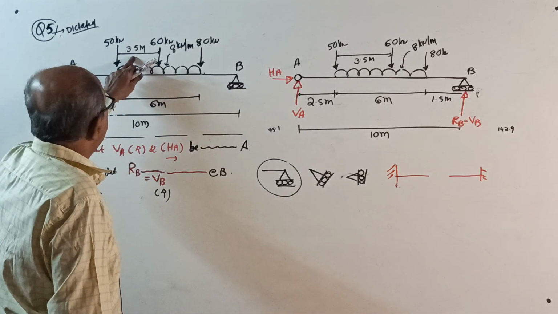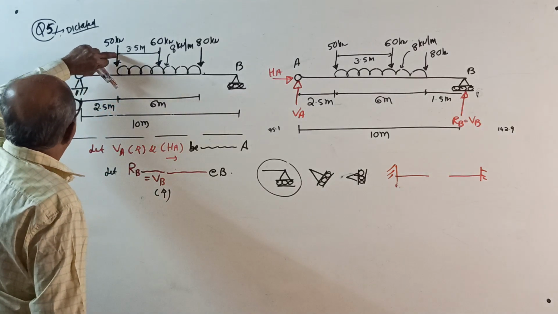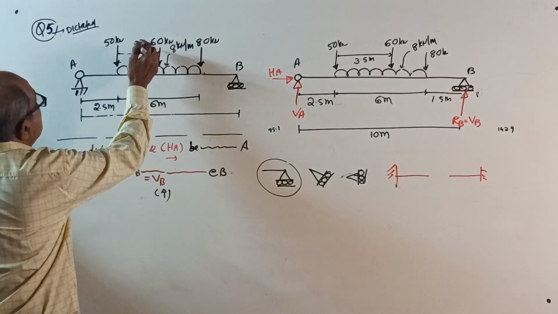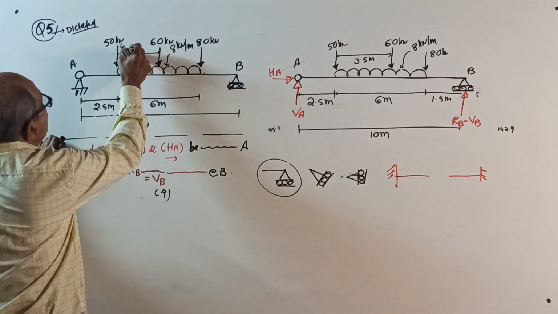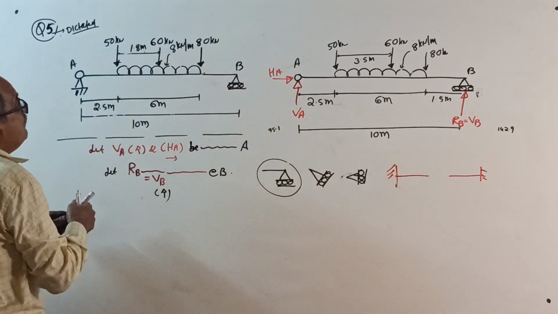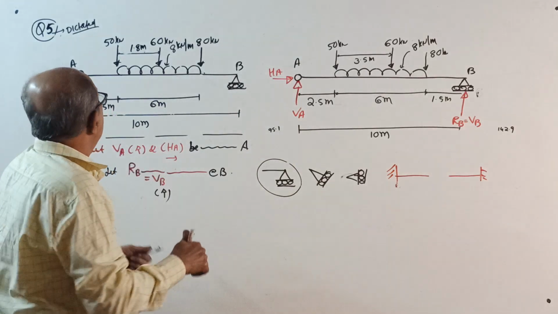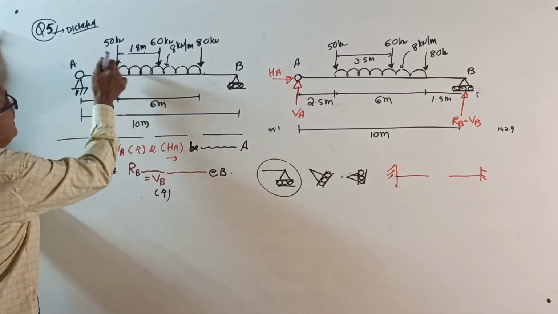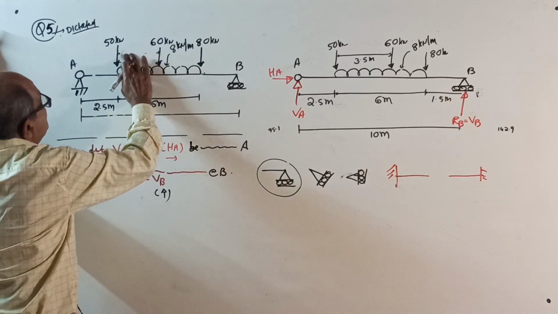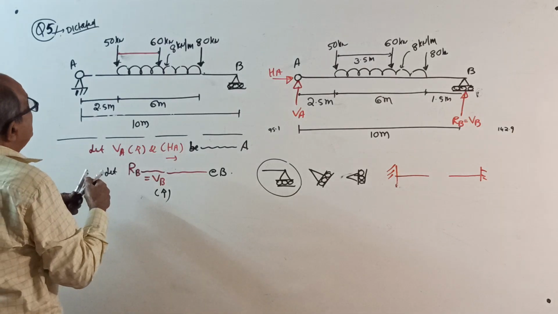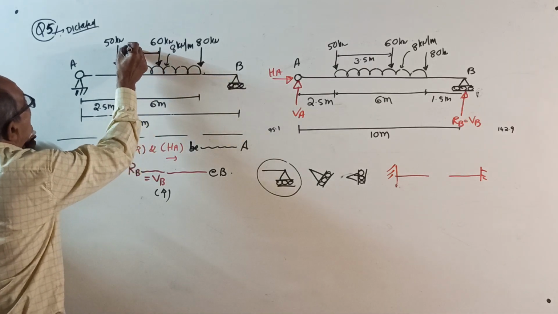Of course, if it is not given, if I take 3.5 this side, it will go out of the beam. But if the distance given is, say, 1.8 meter from the left end of the UDL, somebody may put the load here at 1.8. But this time, since this gap is 2.5, it is accepted. But anyway, I won't give chances for that.